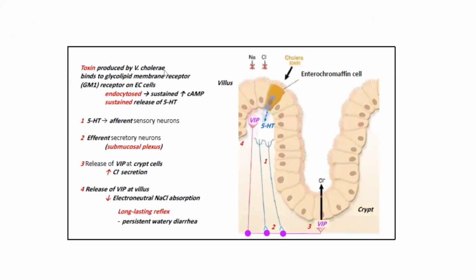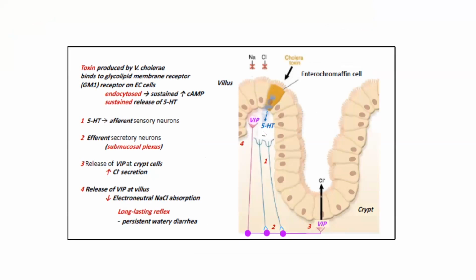So the toxin that's produced by cholera, which is cholera toxin, binds to a protein that's known as GM1 or glycolipid membrane receptor 1. And this is present on the entire chromaffin cells, right? What's going to happen is that the cholera toxin gets endocytosed after binding to the receptor. It's going to cause a sustained release of cyclic AMP, which is going to increase the amount of serotonin that's released by the cells.